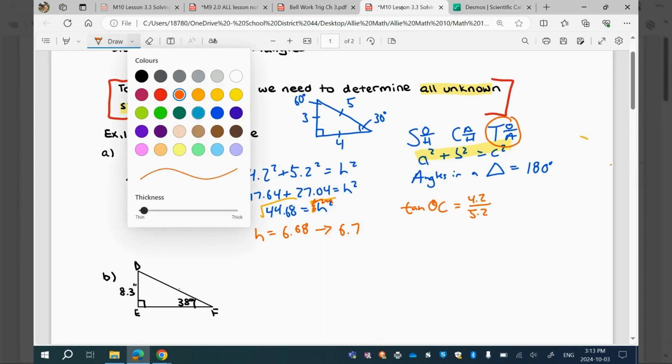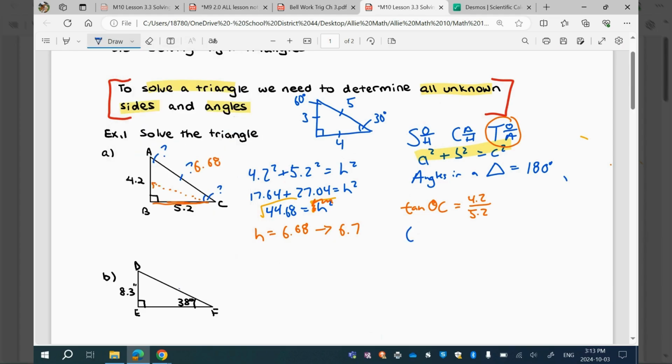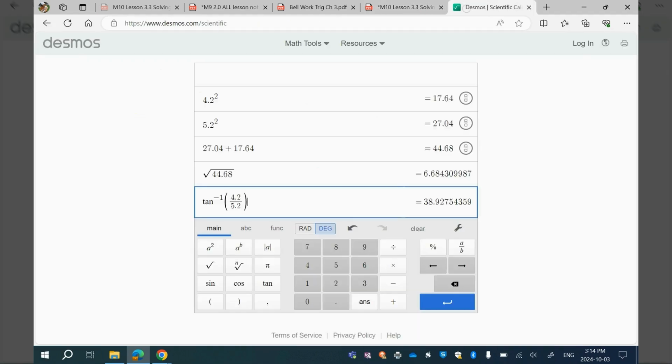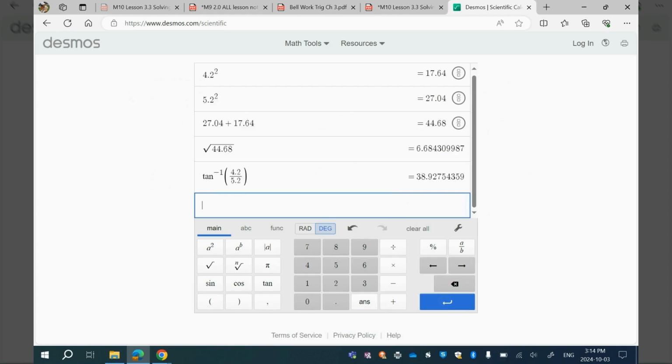So let's go back to blue. Tan C equals 39 degrees. So we've got this guy right here too, 39 degrees. And finally, to get the last angle A, we can have 180 minus 90 minus 39, and we'll get the other angle. 180 minus 90 minus 39 equals 51 degrees.